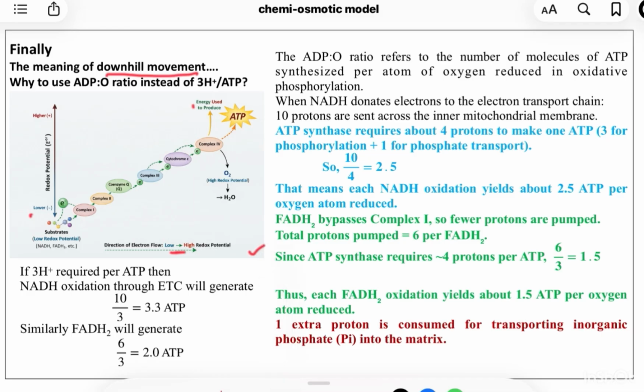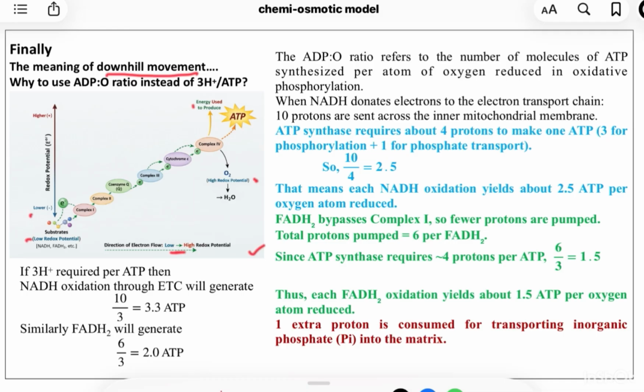You can see the diagram and confirm for yourself that the complexes 1 and 4, 2 and 3, whichever you take, they have the differential reduction potential. So the electron would move downhill.